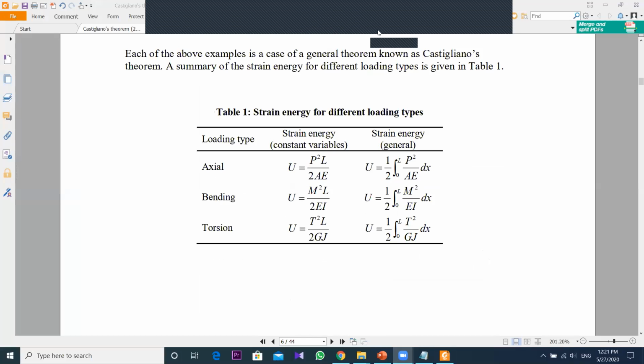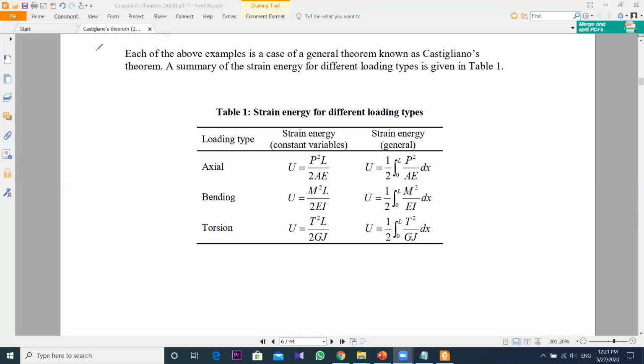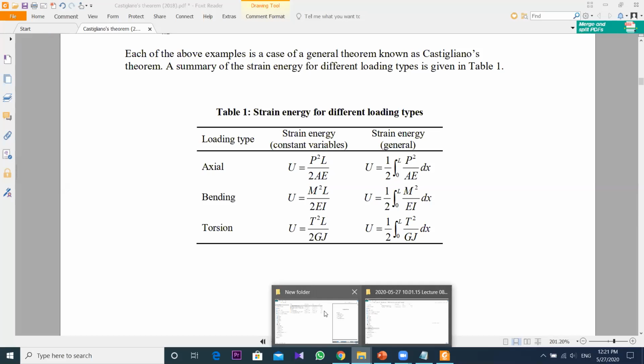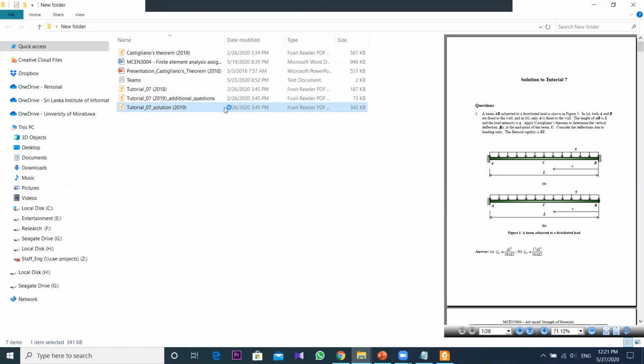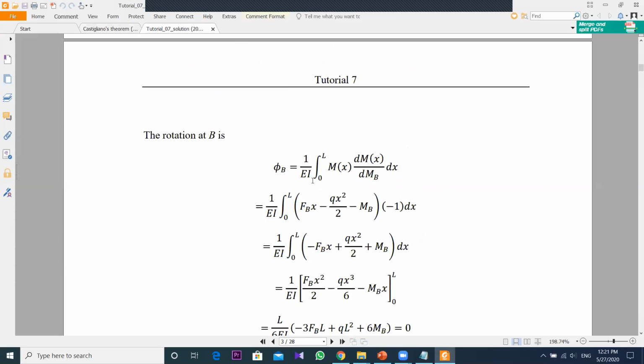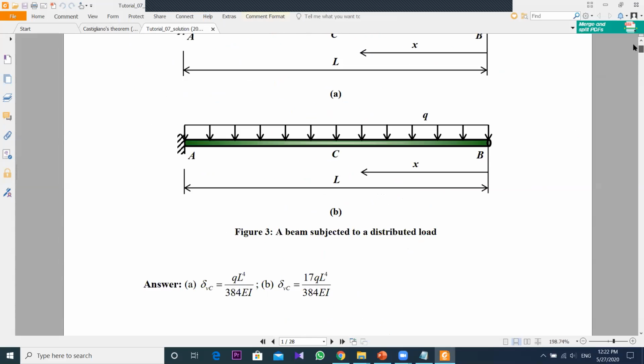Tutorial, then, can you see my screen? Yes, sir. Tell me if you have this one or a different one for the tutorial.